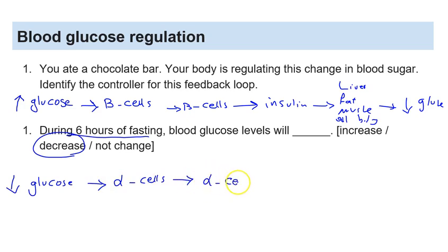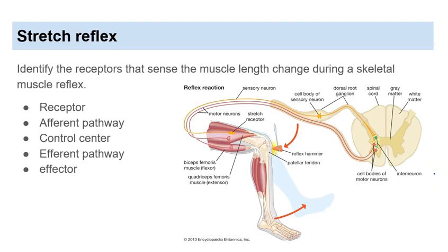Again, the alpha cells of the pancreas, which are going to produce and release the glucagon into the blood, and then the glucagon goes to the liver, which is the target, to increase the blood glucose level. Okay, we're almost done.